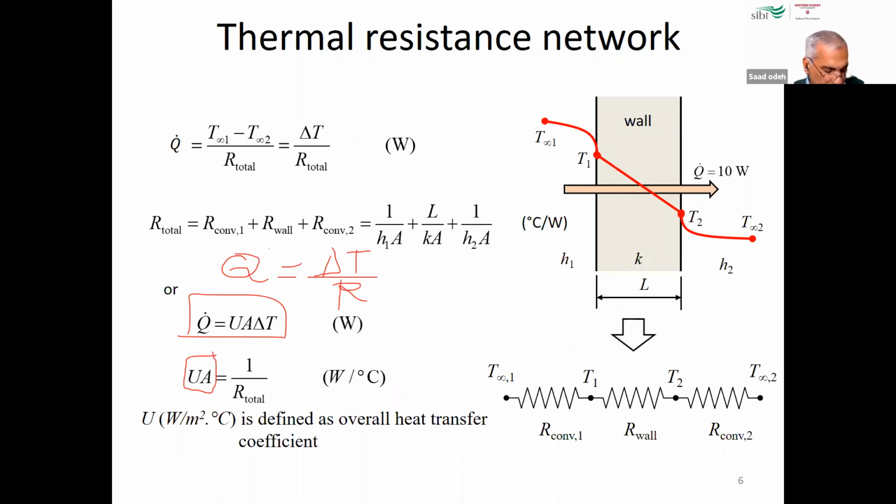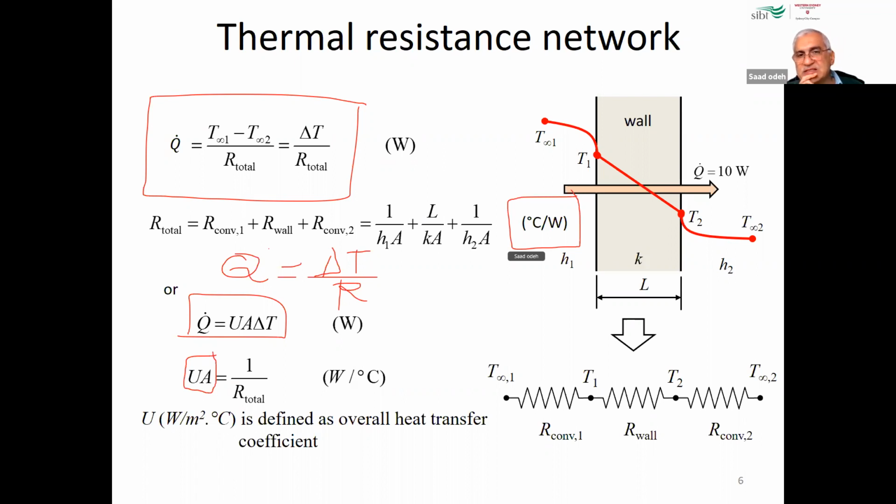It doesn't matter which way you take, but this is the general form of the thermal resistance equation. And remember, the unit of R is Celsius per watt, meaning how many degrees Celsius change per watt. This is the thermal resistance unit.